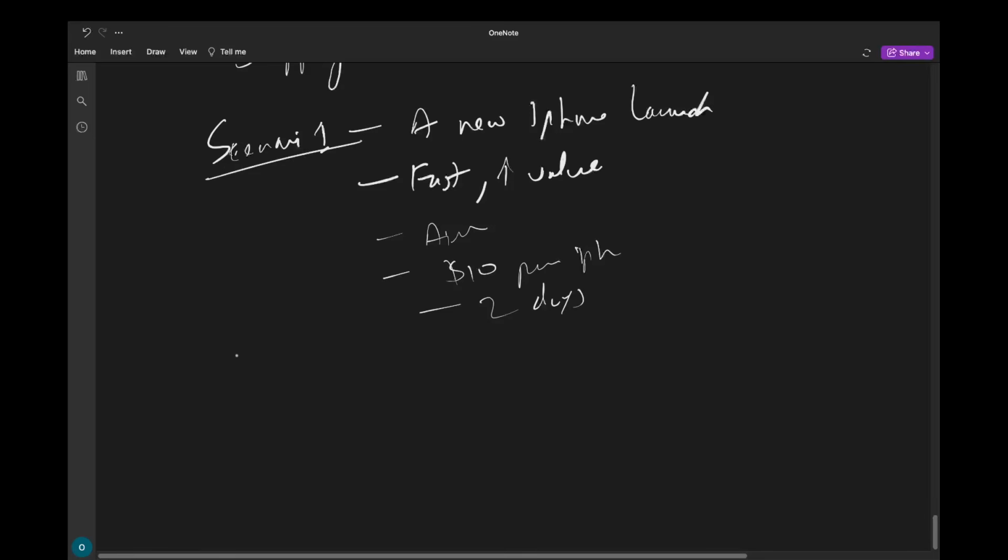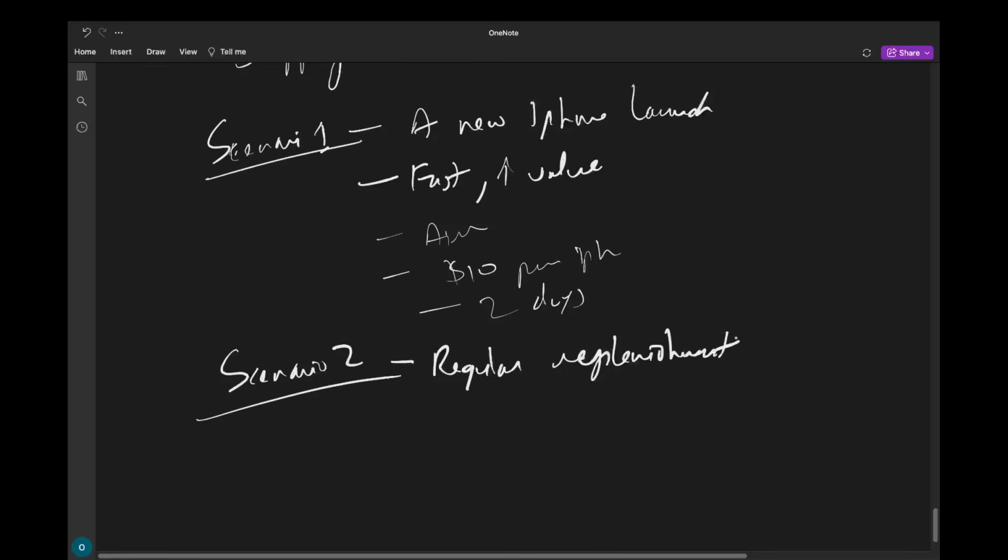Now scenario 2, here we have regular replenishment. Now here what is the requirement? We need cost efficiency and we have buffer time.